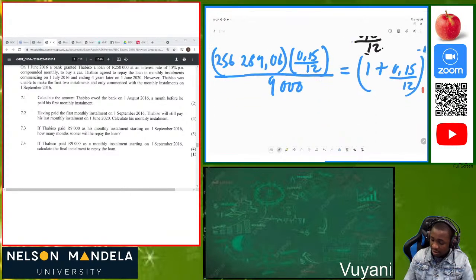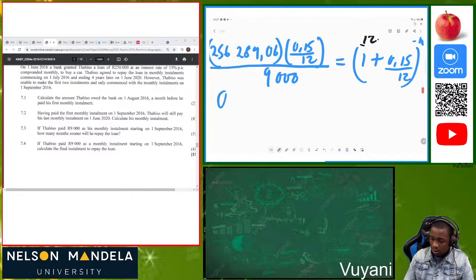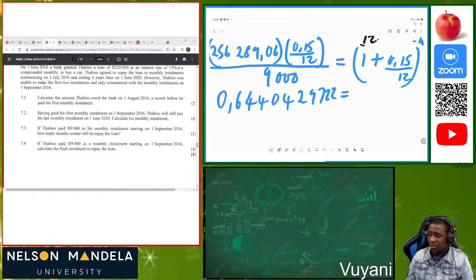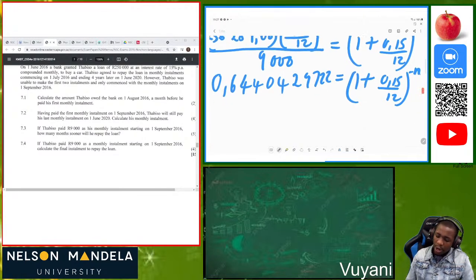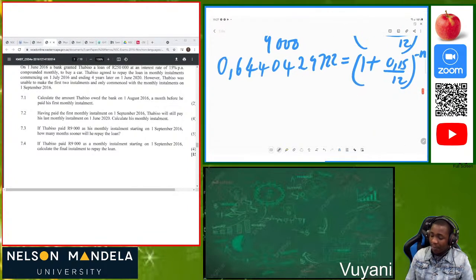Then using your calculator, you will get 0.644042972. Always know that you don't round off until you reach your final answer, otherwise you have a wrong answer. Now we were also taught about logs, so we can apply log here.